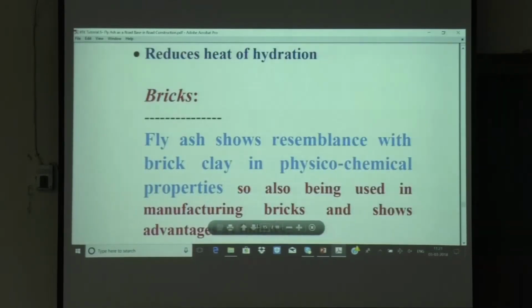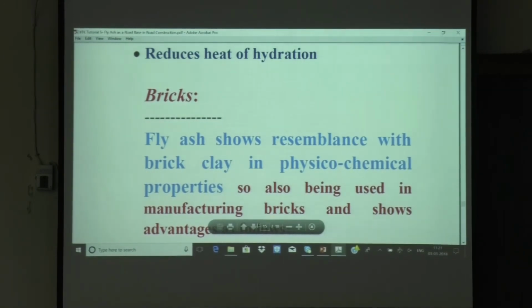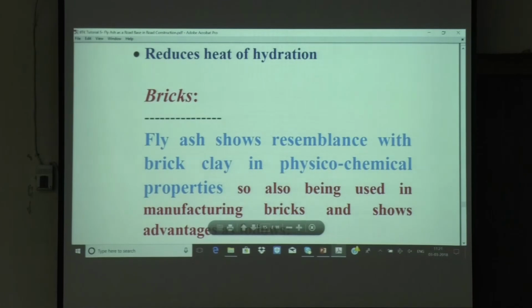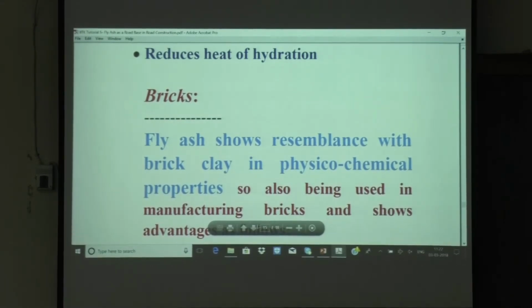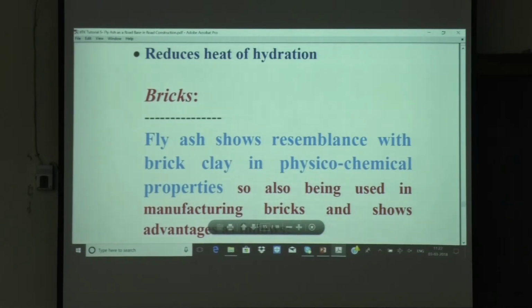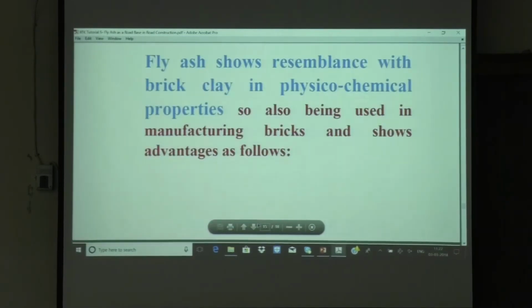Now in bricks, this is how we started, and we have also seen in earlier chapters. Fly ash shows resemblance with brick clay in physicochemical properties. So whatever the brick clays have, fly ash has similar resemblance. So it is also being used in manufacturing bricks, and shows advantages as follows.